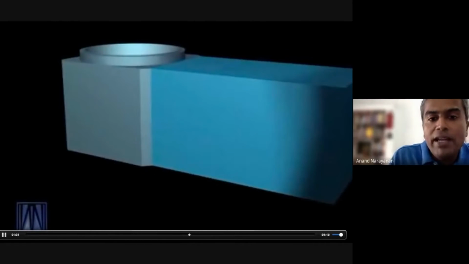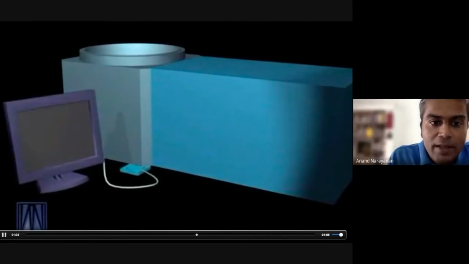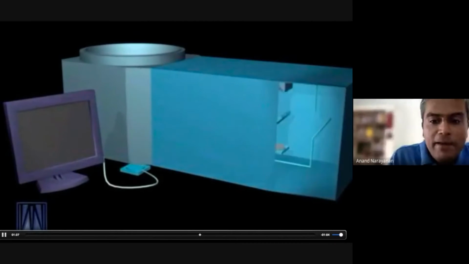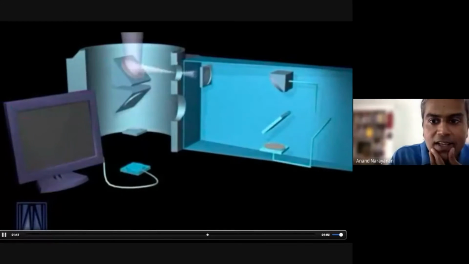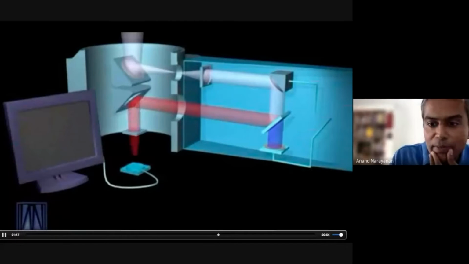So one of the backend instruments is the AO system, adaptive optics system. So this over here is the deformable mirror, and this is the control system. Okay.